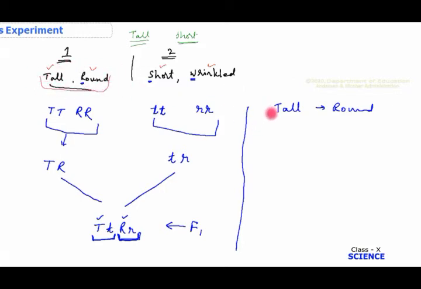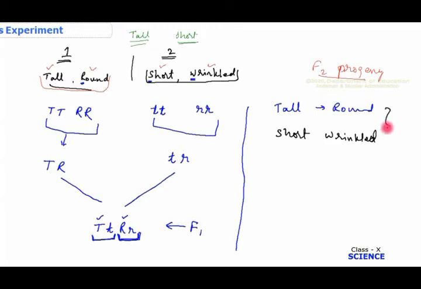So likewise in the F2 generation also, in the F2 progeny we get some plants tall and round seeded, some plants will be short and wrinkled seeds. This is also we have here, you can see short and wrinkled.